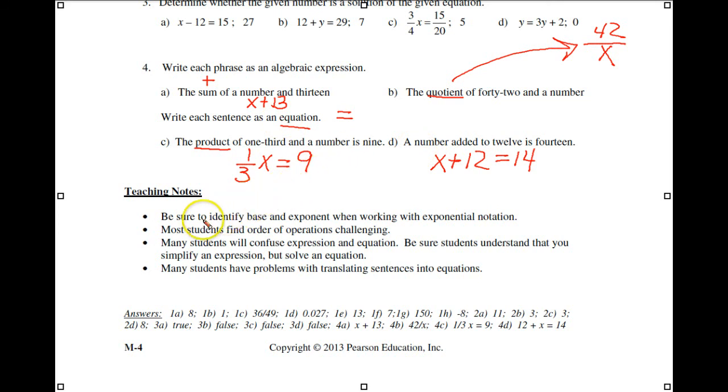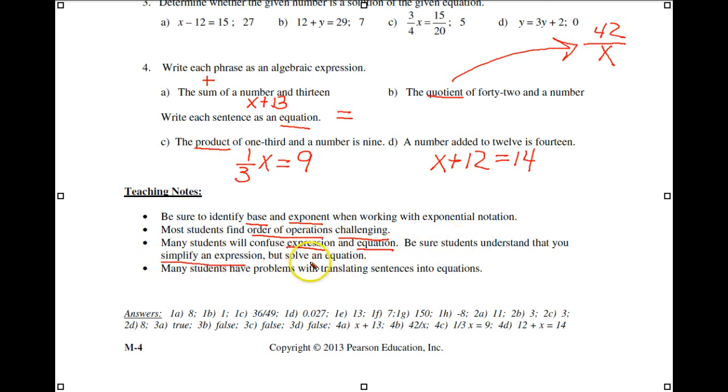Okay, let's see what we wanted to do: identify the base and the exponents, which we did. We went over the order of operations, and I did say this is challenging. And then we defined what an expression was and compared it to an equation. In expressions, we're just simplifying usually.